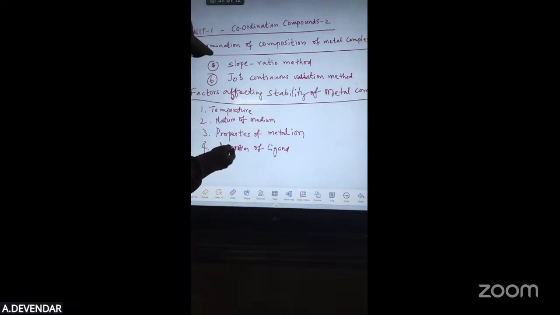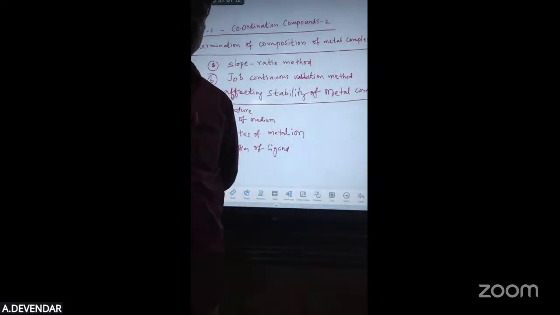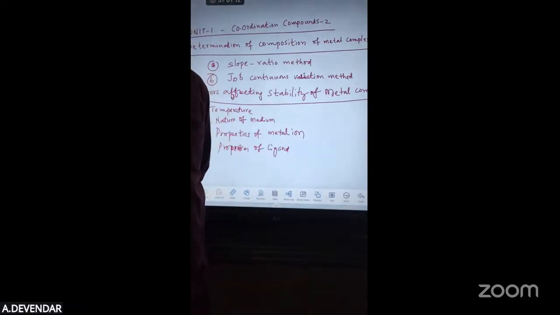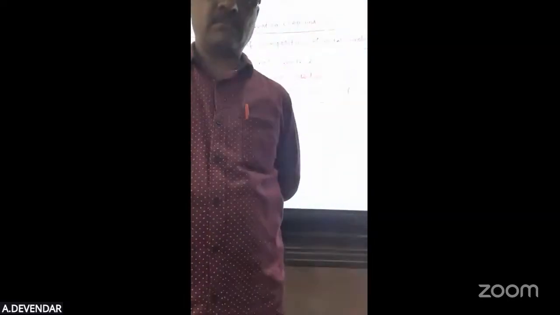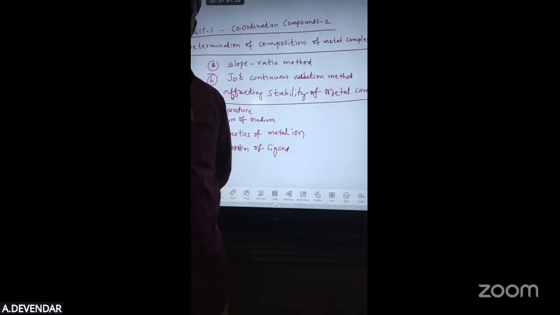And the properties of the ligands: we already know that there are neutral ligands and negative ligands, and how they coordinate. Ammonia is a neutral ligand. In hexaminocobalt, 6 ammonia molecules surround the central cobalt atom, so you get the complex compound. Hexaminocobalt or potassium tetramino cobalt, so many complex compounds are there.